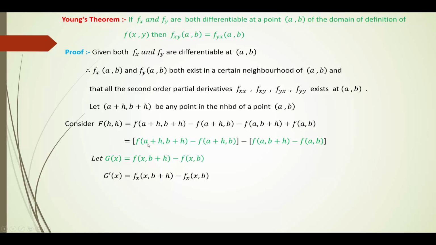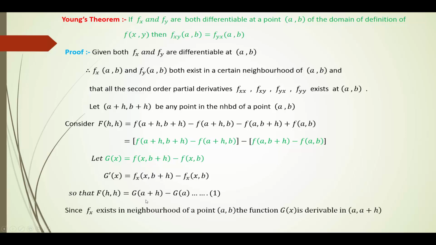In the first bracket the x variable is a+h, so this is g(a+h), and the second bracket is g(a). So φ(h) is equal to g(a+h) − g(a).